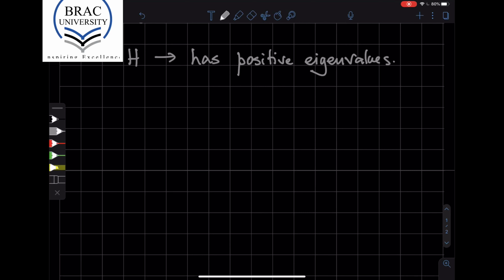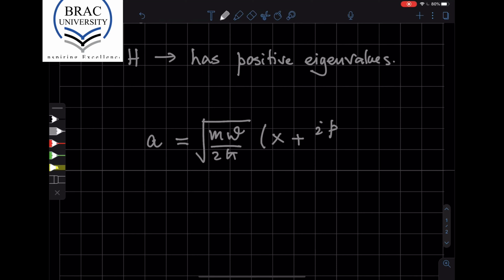Because it's a quadratic operator, Dirac's insight was to write it in terms of some non-Hermitian operators. So what he did is that he introduced two operators. One was called A. So A has some constant chosen for convenience, and then a linear combination of x and p, which is a complex linear combination.